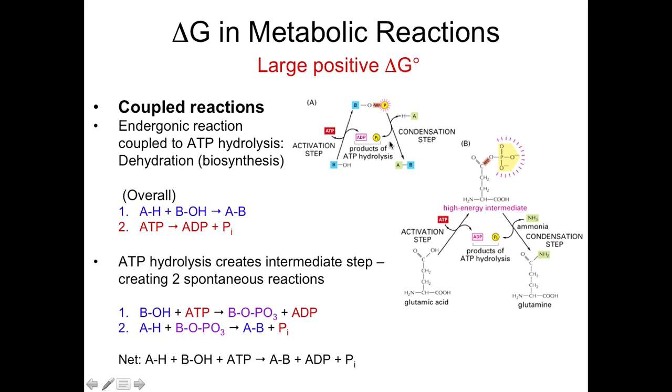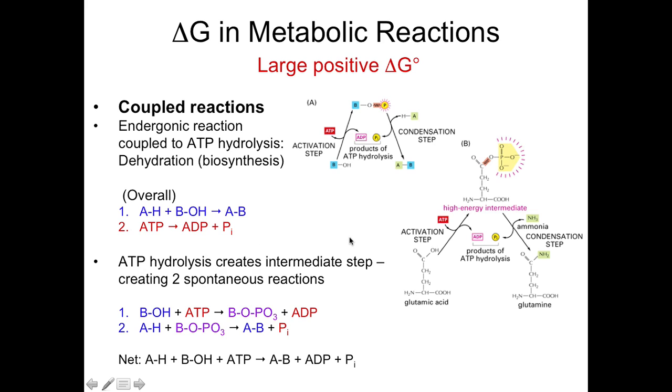In this case, we want to add A and B to make AB, okay? So we have A and we have B, and we want to stick them together. But that has a large positive delta G. So we can't just throw some A and throw some B into a beaker and shake it up and have them combine in any quantifiable amounts. Okay, so in any useful amounts, right? You'll get a little bit of AB forming, but not much.